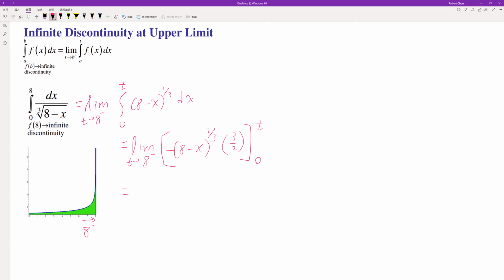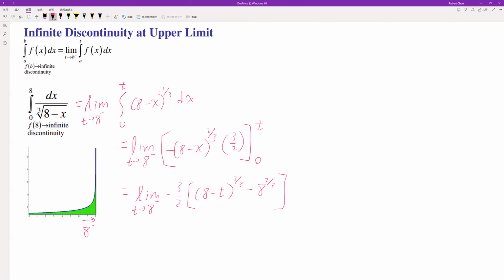Okay, so there's a negative 3/2, so we can bring that out. Limit t approaching 8 from the left of negative 3/2, and then we can just evaluate 8 minus x to the power of 2/3 from 0 to t. Right, so that's 8 minus t to the power of 2/3 minus 8 to the power of 2/3, which is 4.